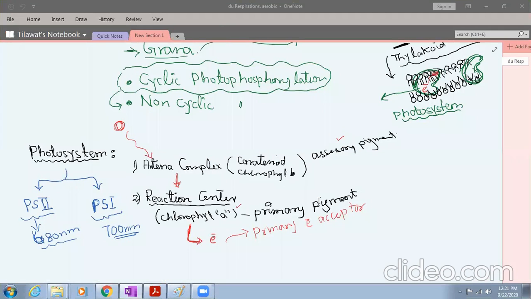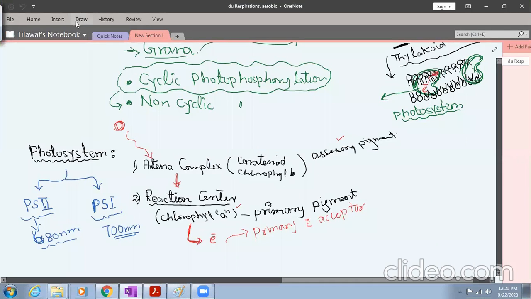You know, boys, this photosystem contains two parts, right?